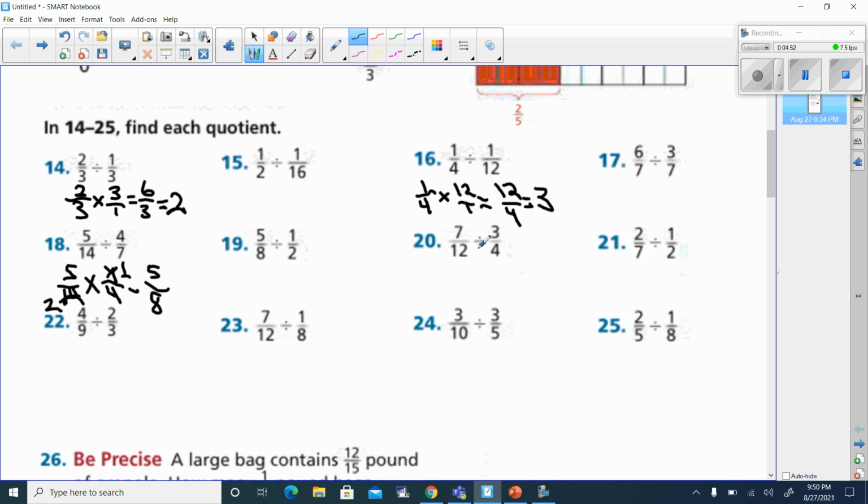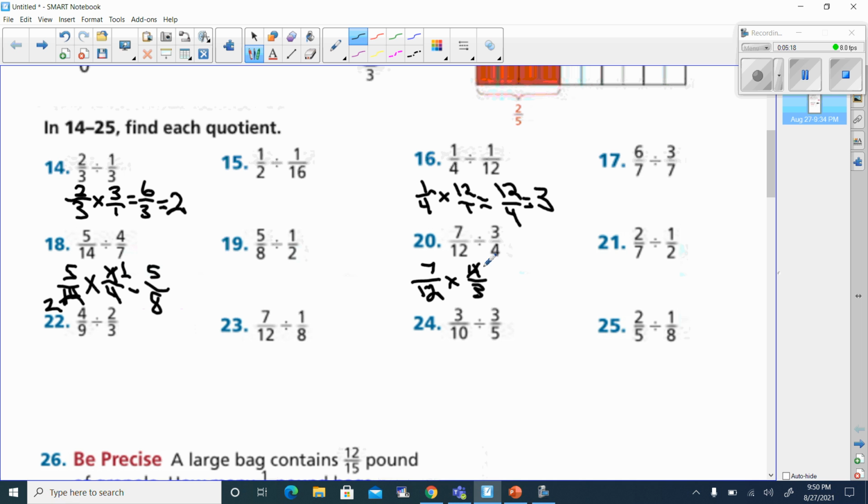Let's try number 20. We got 7/12. We're changing from division to multiplication, and we're flipping the next one, which is 4 over 3. We know 12 and 4 are divisible by 4.